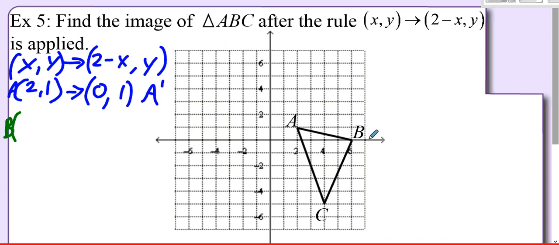B, so over here it's 6, 0. Apply the rule 2 minus x, comma y, so 2 minus 6. 2 minus 6 is negative 4. And the y stays the same, so y stays 0. That's B prime.